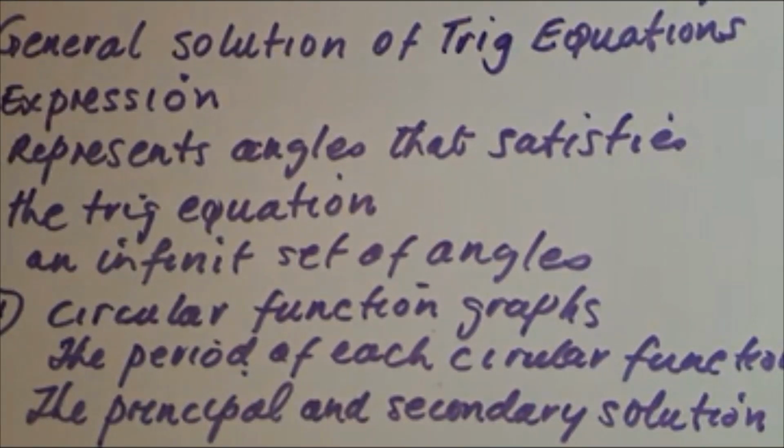It is slightly different for the tan ratio. In that case, you'd use the secondary solution. For the sine and the cosine, you use the principal solution.